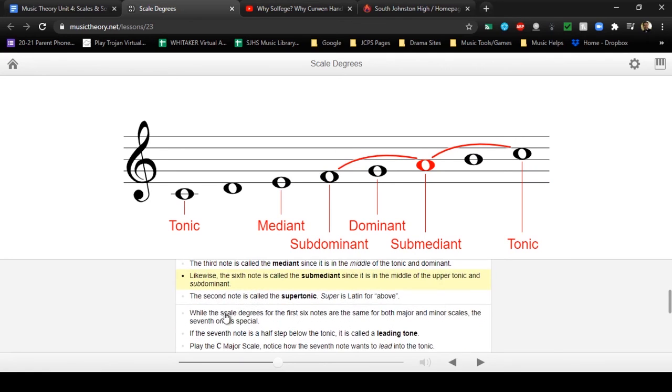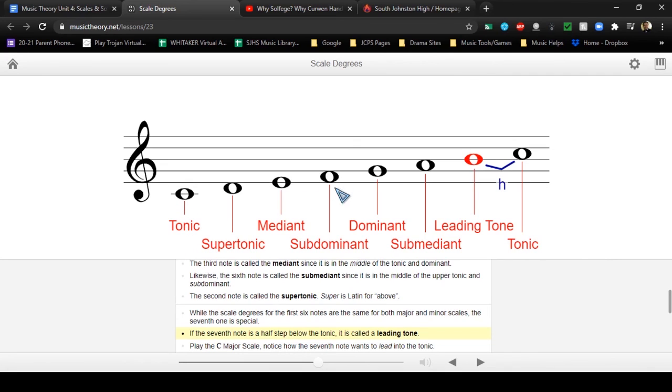Okay, now we're going to skip the supertonic, just because the only reason why it's called that is because it's right above the tonic. Now while the scale degrees for the first six notes are the same for both the major and minor scale, we'll get into that later, the seventh one is special. Number 7 right here. This is ti.